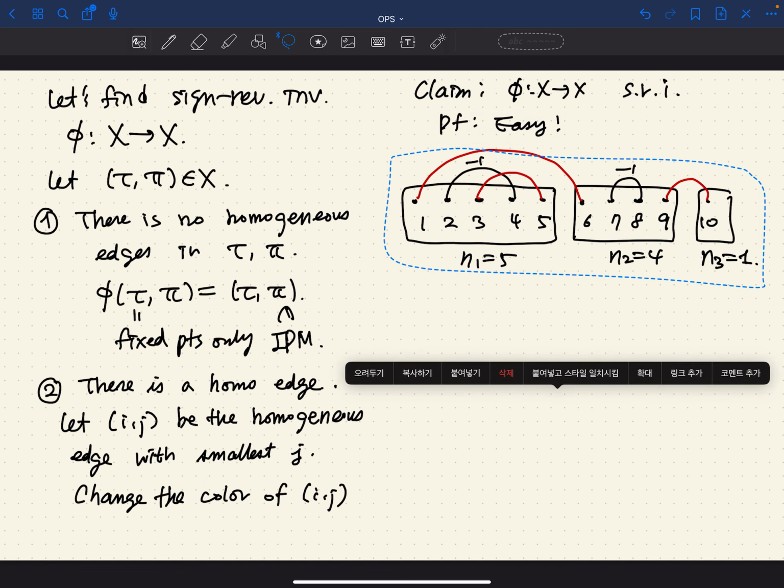So pi is not properly decorated if and only if n plus 1 is inserted into a single cycle, a cycle of length 1 that is not decorated.